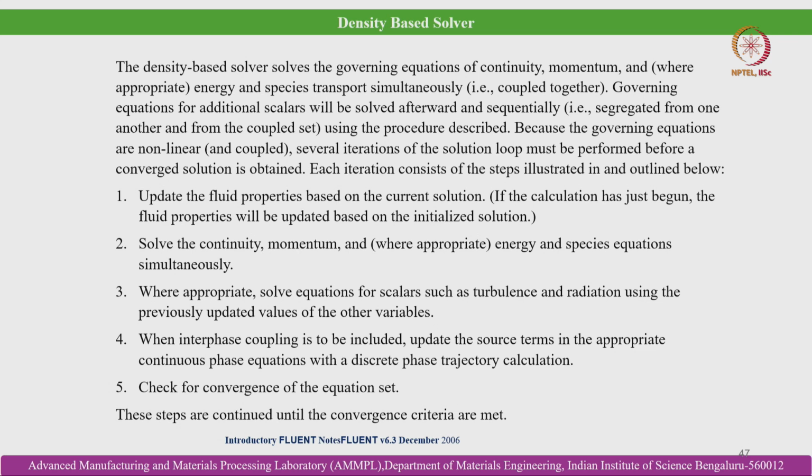So, these are like special equations. For example, what can be the additional scalar? A representative example is grain density. Like we discussed for the Eulerian multi-phase flow model just before, we solved that by considering a pressure based solver.